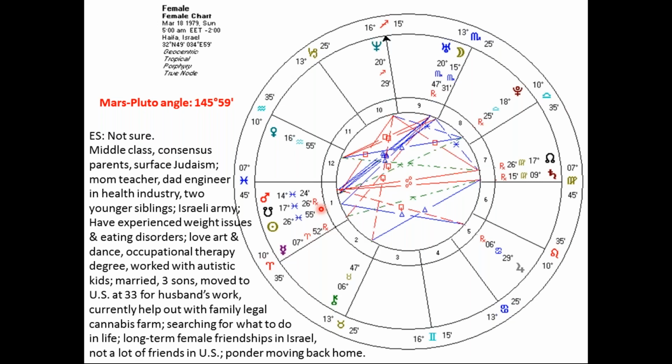And that will then allow this Neptune that is square the nodes that can add to the confusion of who am I really and how do I take charge of my life midheaven.